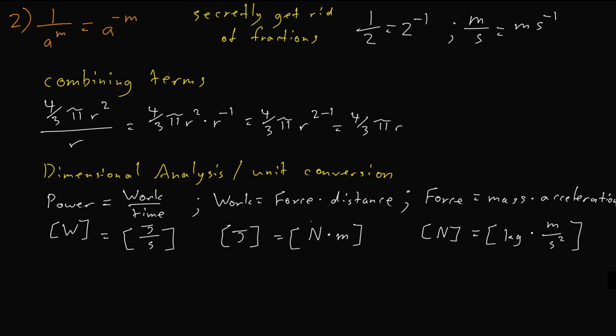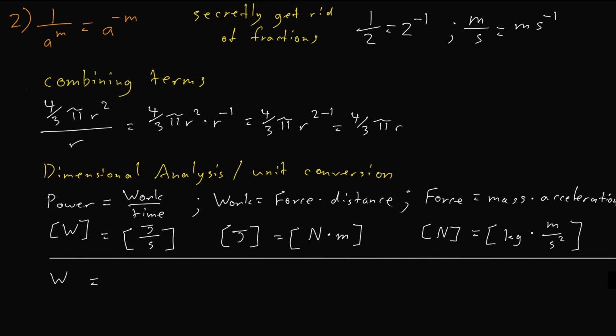Okay, so here we have all of these different unit conversions that we can try and put together. So if the challenge now is to write down watts in more fundamental units like this, how can we get there? Well, we can work backwards. We'll start with a newton, which is a kilogram times meter per second squared, right?